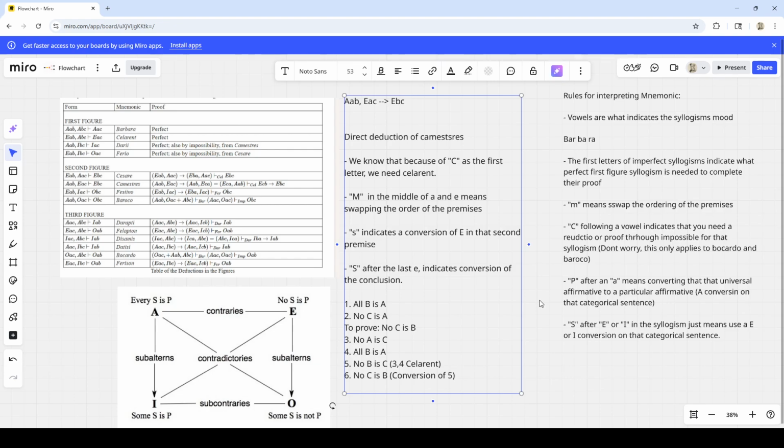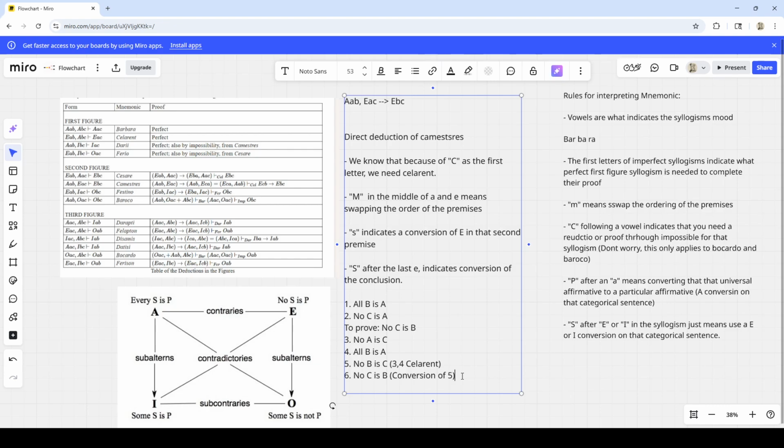So premise 1 will come after premise 2, where you see premise 3 is no A is C, and then I restated premise 1, which is premise 4 now, and then I conclude no B is C, which is valid because Celarent is an EAE syllogism, and look, its middle term is subject then predicate, and that logically follows that it is Celarent.